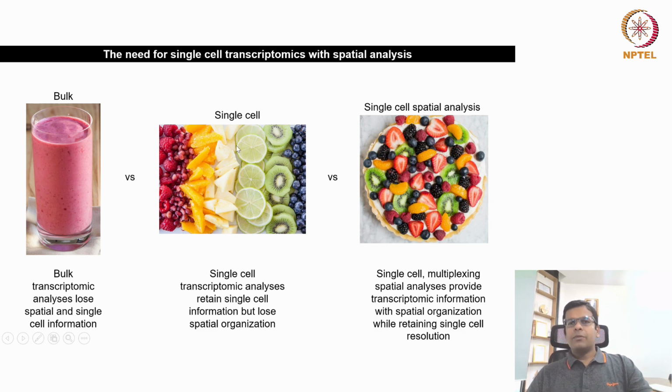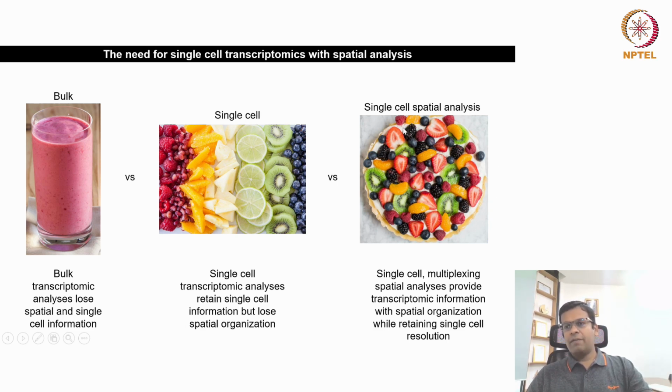Versus single cell analysis, where you can get to know how each cell expresses the genes, how different genes are expressed in individual cells. But what spatial transcriptomics or spatial proteomics provides as additional information is how these transcripts are spatially arranged.